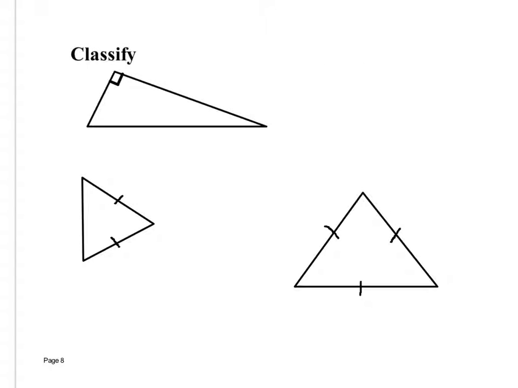You don't have to write these down, let's just look at them. The first one, based off angles, it has a what angle? Right. So this would be a right triangle. Based off the sides, let's look. Does it have any congruent angles or sides?